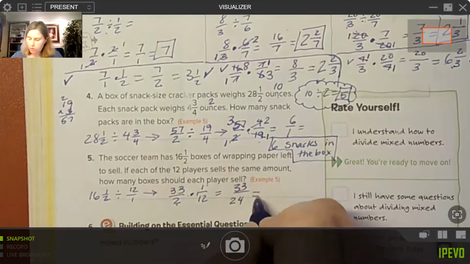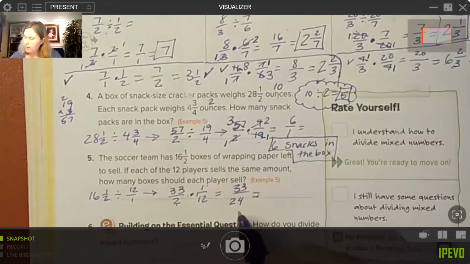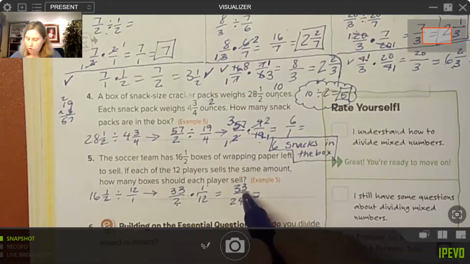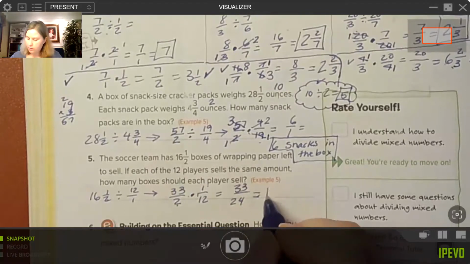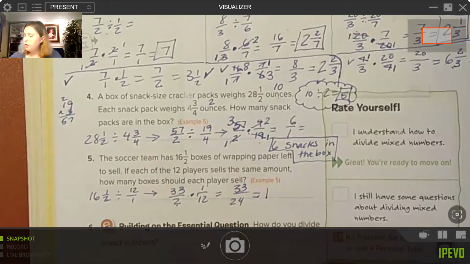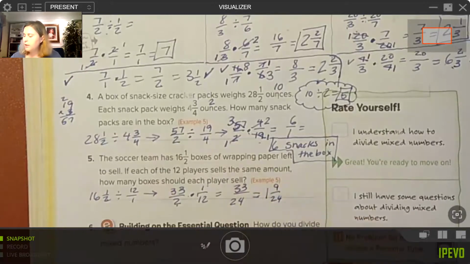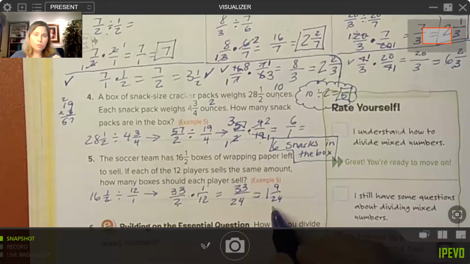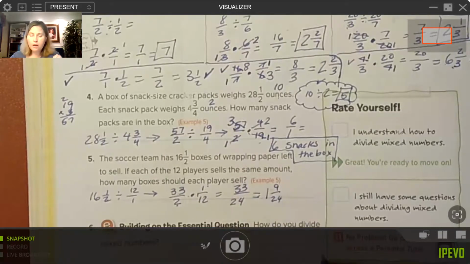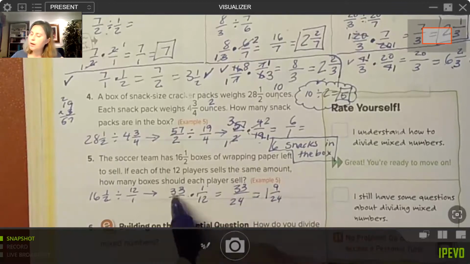Okay, so then we want to ask ourselves, how many times does 24 go into 33? That goes in once. Okay. And then we have 9 24ths left over, right? That's counting up from 24 to 33. Yes, 9 left over. And then I look at 9 and 24. I know those are both divisible by 3. Oh, I could have cross canceled right here.